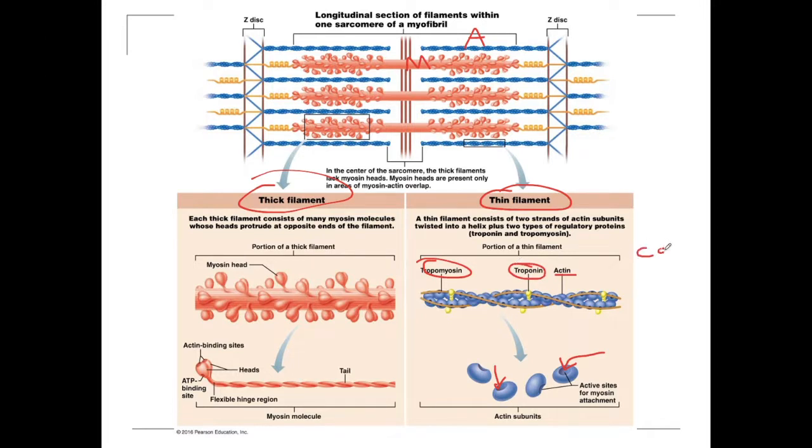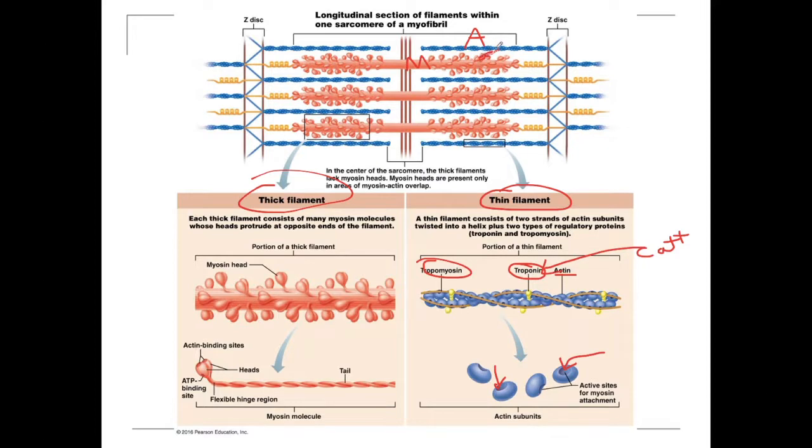Now, if calcium comes in and goes after troponin and plucks those out, think of calcium as the staple remover. If it plucks out troponin, then tropomyosin shifts. And when that happens, the binding sites on actin can attach to the myosin heads.